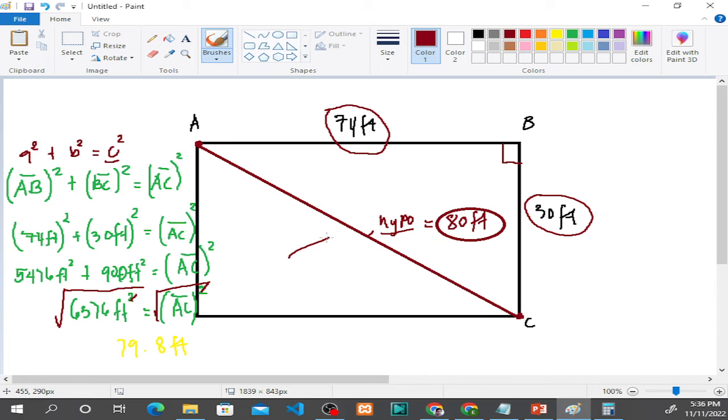This is our displacement. So without the Pythagorean theorem, computing the displacement would be difficult for any shape, or for any path. So you need to know how to do it.